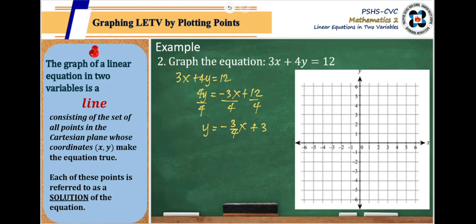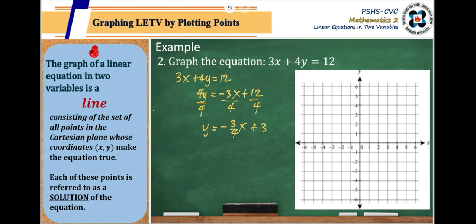Here, if we try to assign any value to x, we can easily determine the corresponding value for y because y is already isolated from the rest. So here we can just substitute any value of x and then solve for the corresponding value for y. Okay, so let's try to graph this using a table of values. We're going to assign values for x and then solve for the corresponding value for y.